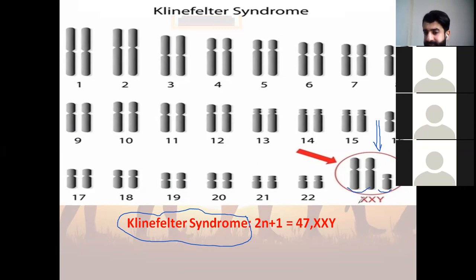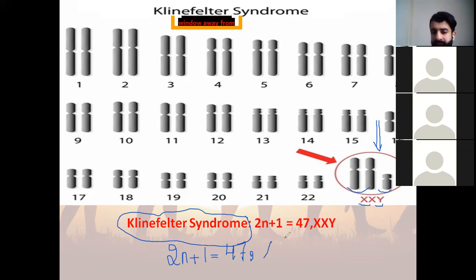The two large are X, and the one is Y. So it's 2n plus 1, equal to 47, comma, the sex chromosomes are X, X and Y. This is the abnormality affecting the gonosomes, so this individual has a problem in fertility. It's a sterile individual because it has a problem in the gonosomes, which are the sex chromosomes.